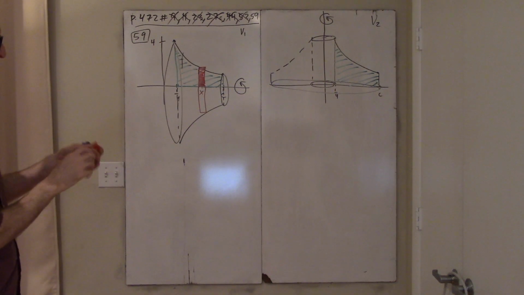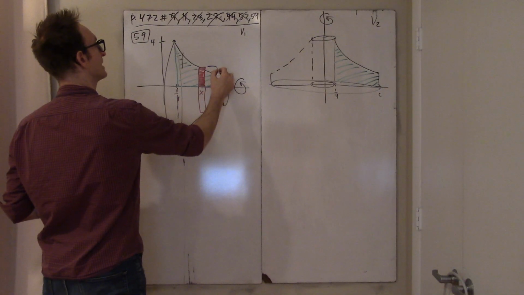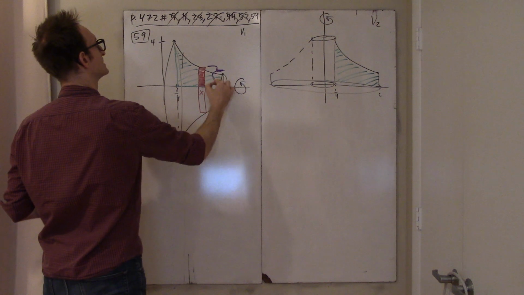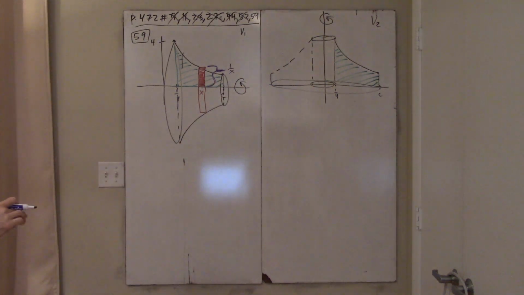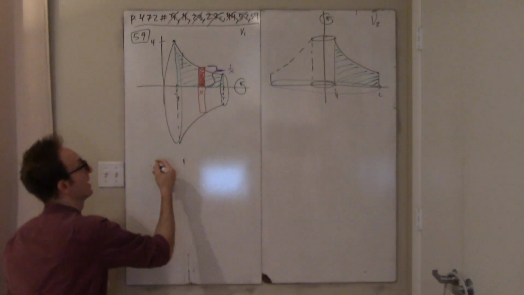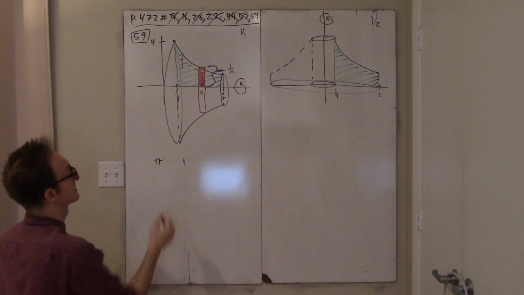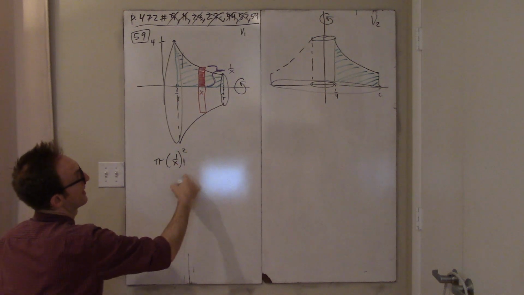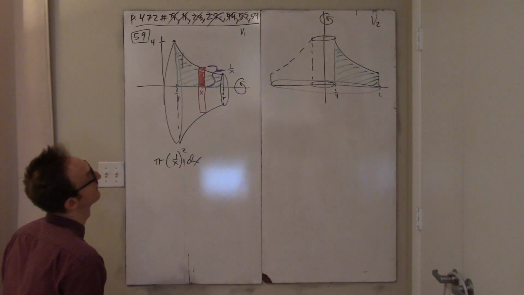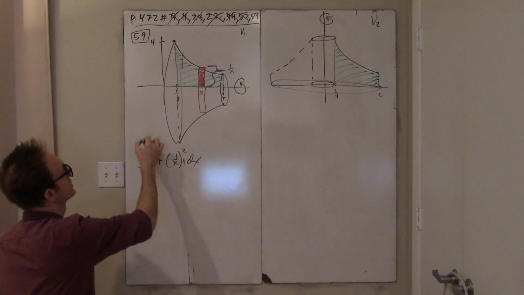And the only thing I need to know about that disk is its radius, and the radius of this disk is just 1/x. Okay, so this is going to be pi, the radius, which is 1/x squared, dx. So simple. And I'm going to be integrating from 1/4 to c.